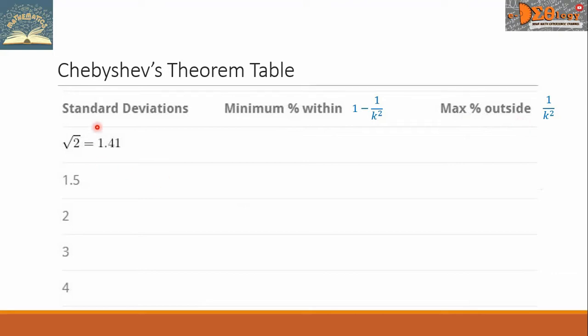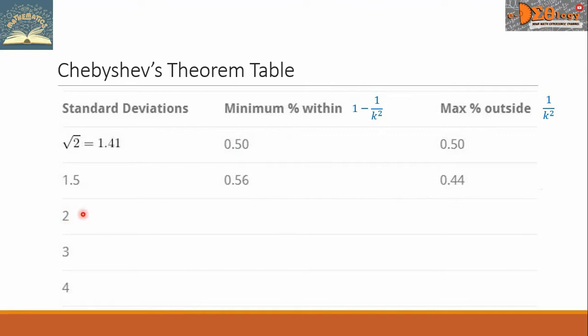So, when standard deviation is square root of 2, the maximum percent outside is 0.5, while the minimum percent within is also 0.5. When standard deviation is 1.5, the maximum percent outside is 0.44, while the minimum percent within is 0.56.